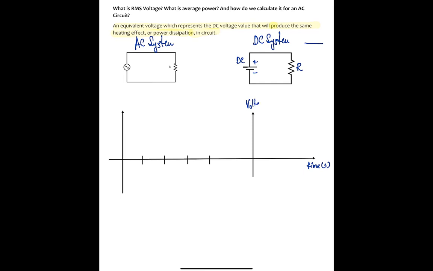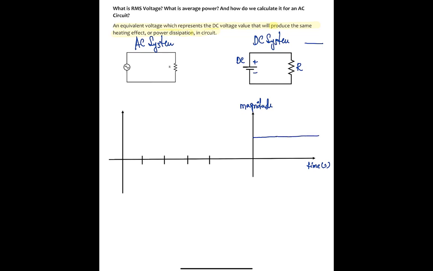Actually, this could be just a magnitude. So DC potential would just be a straight line like this.